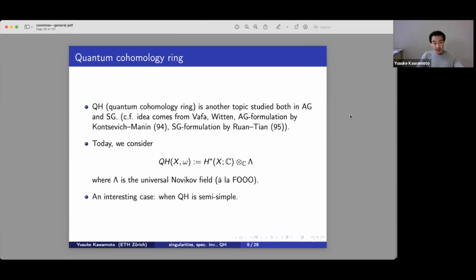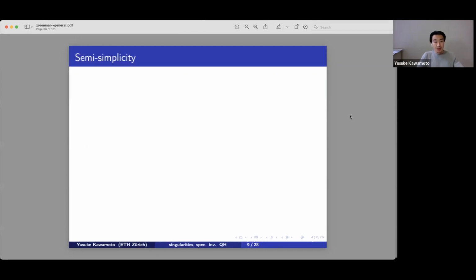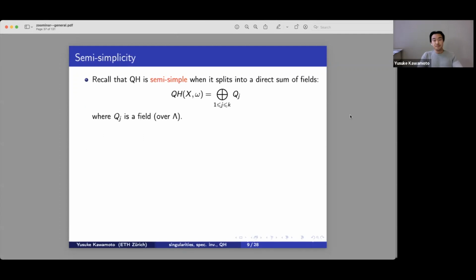An interesting case is when this quantum cohomology ring is semi-simple. We call the quantum cohomology ring semi-simple when it splits into a direct sum of fields.